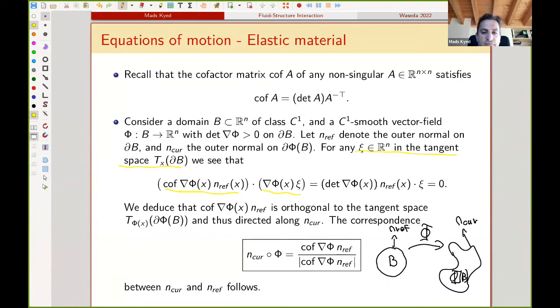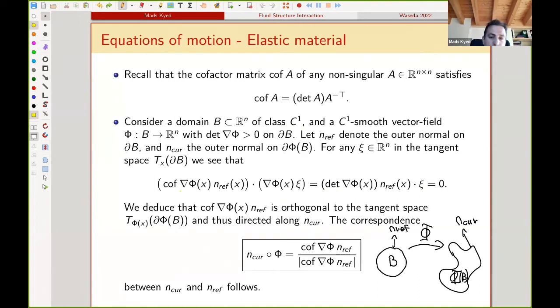Okay, so you consider this a scalar product, and then you transpose the gradient of phi, bring it over on the left-hand side in the scalar product, and utilize the formula for the cofactor matrix, and then you get a determinant, but then you get on the left-hand side of the scalar product just the reference normal, and on the right-hand side, you're left with the xi, the tangent vector, and these two are orthogonal to each other, so that is 0.